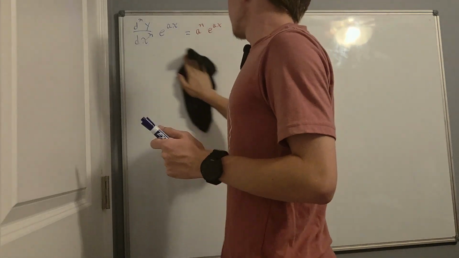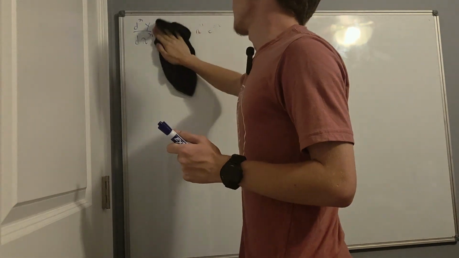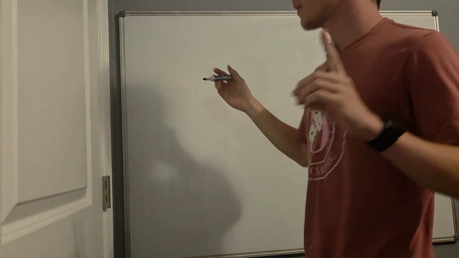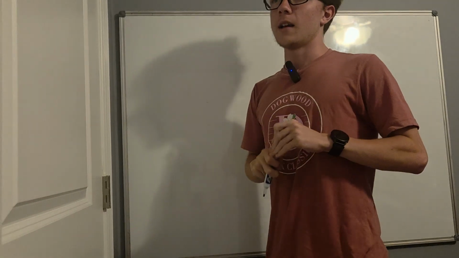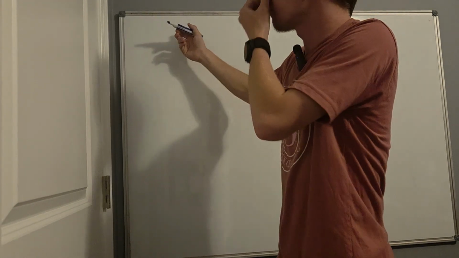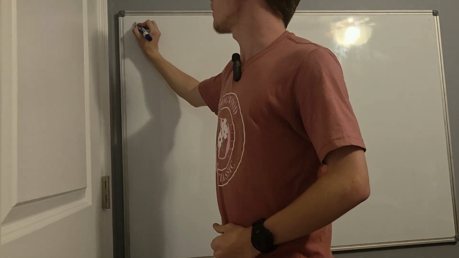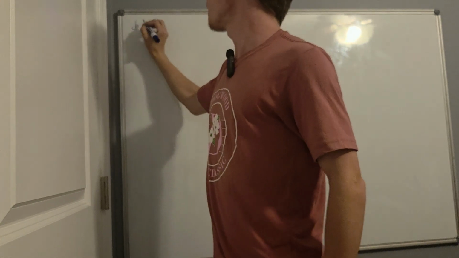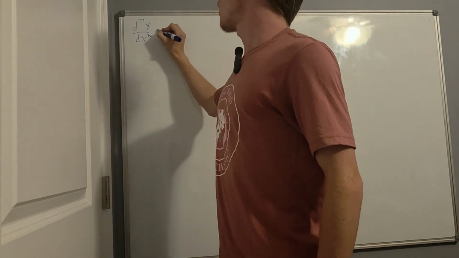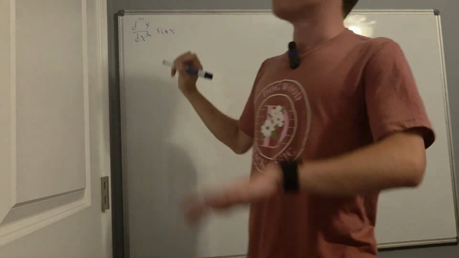Other ones are, this one is a little bit more difficult, but if you know your trig rules, it's pretty easy. We're talking about sine and cosine. I can go through the proof quickly, but here, I'm just going to write this out. d^n y over dx^n of, I'll only do sine x.